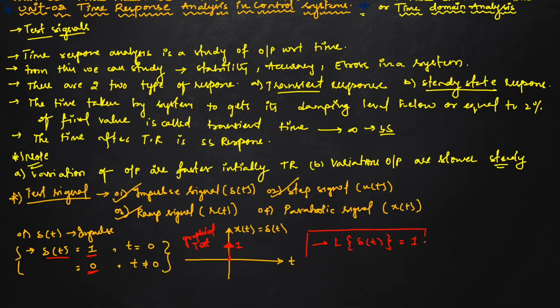So this is the thing you have to remember. What you have to remember in this particular test signal is its mathematical condition, its graphical representation and its Laplace transform. These are the things you need to remember when we talk about an impulse test signal, which is represented by del of t.